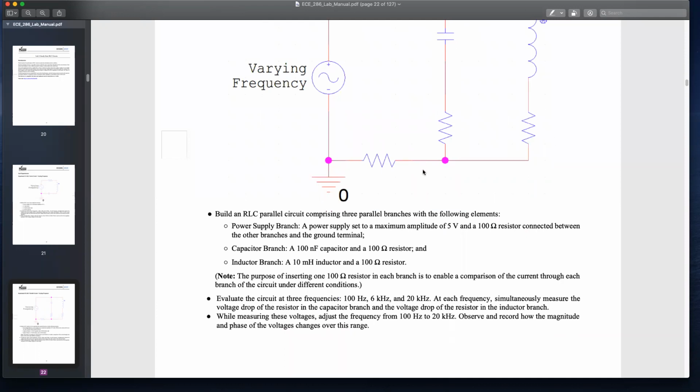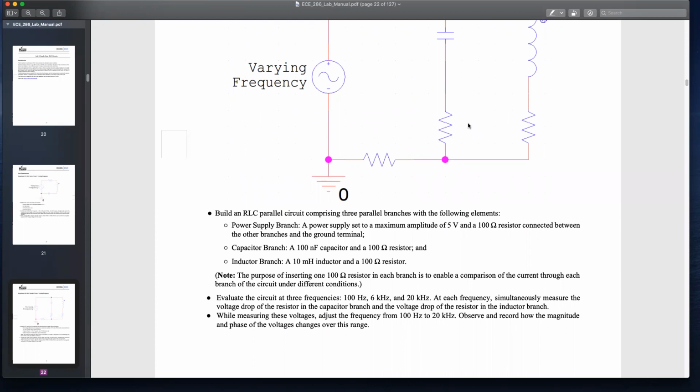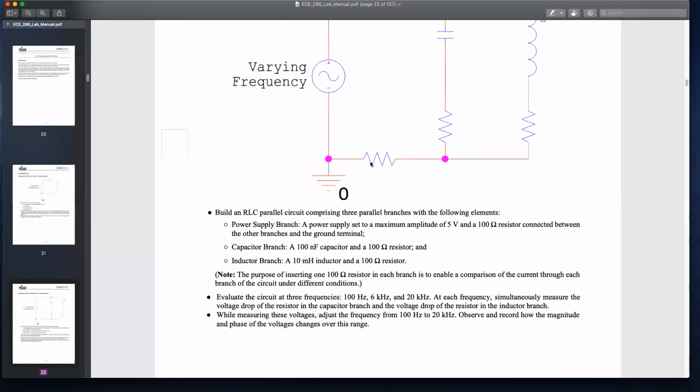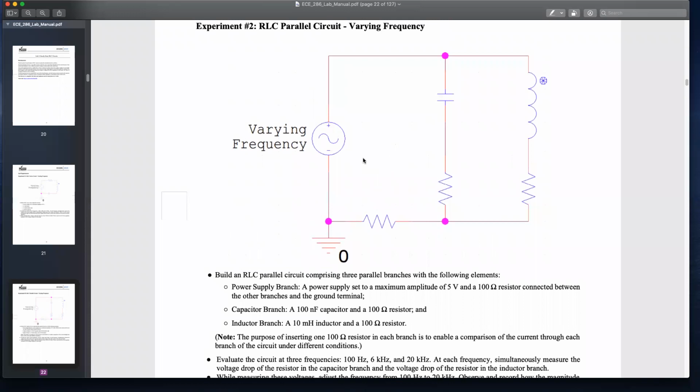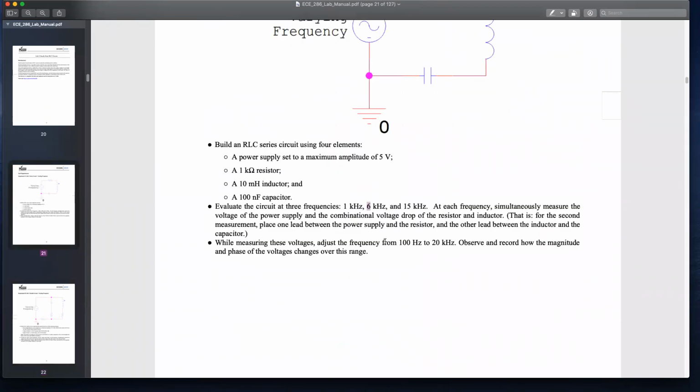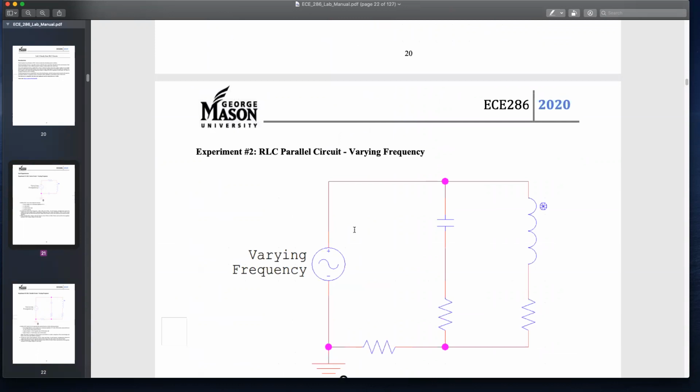What you want to do is evaluate the circuit at 3 different frequencies and measure the voltage drop of the resistor in the capacitive branch and the voltage drop across the inductive branch. And then you want to measure how the phase and voltage change, which you can easily do by a frequency sweep. I believe there was also a frequency sweep mentioned in the previous section. It just depends on if your TA wants that or not.